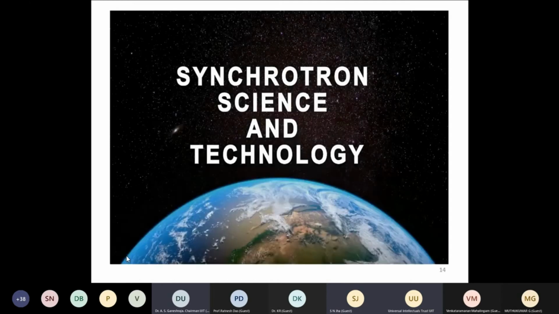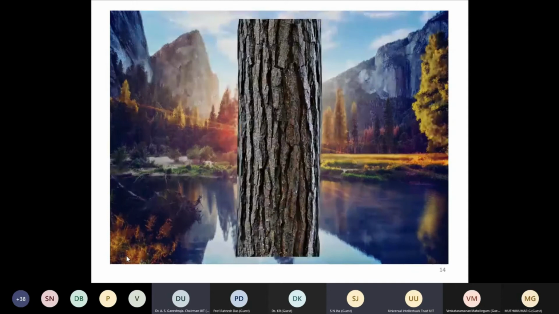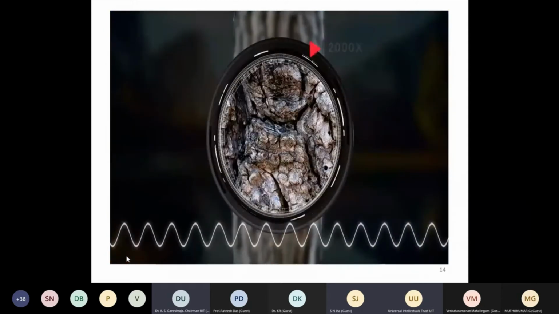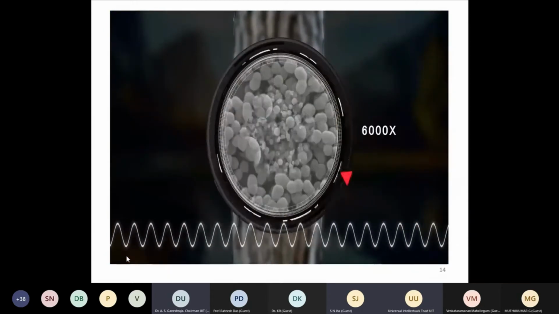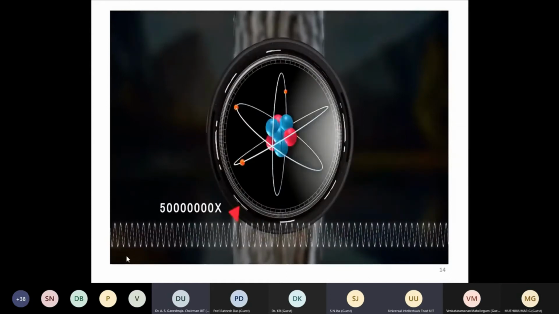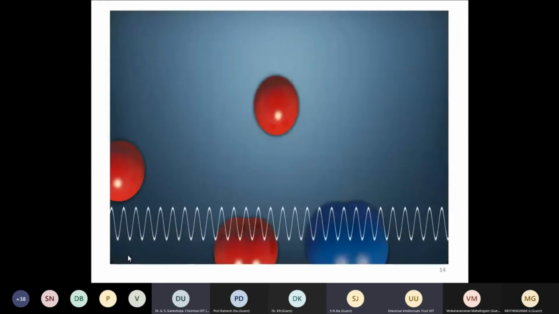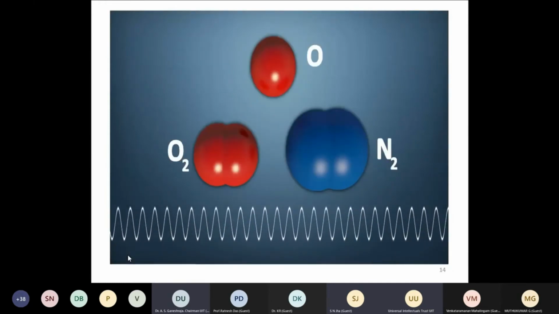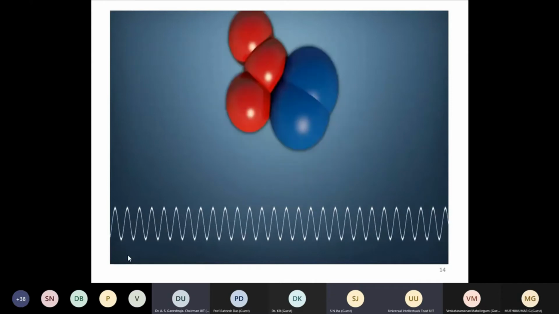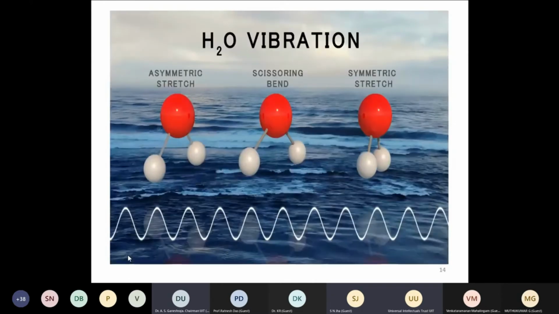The world around us is made up of matter, which is composed of atoms that cannot be seen by the human eye. To see atoms, X-rays, which have much smaller wavelengths than visible light, are needed. Other invisible radiations like ultraviolet and infrared rays are useful for studying vibrations of atoms in molecules.